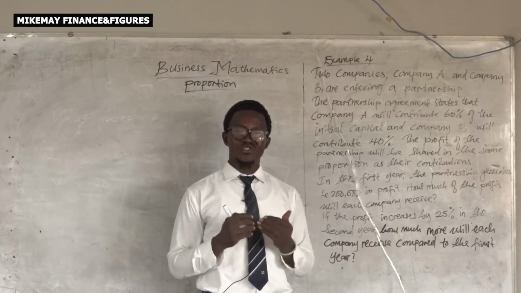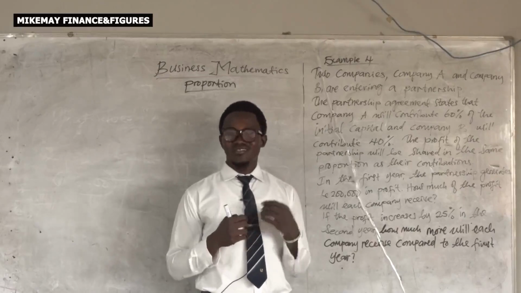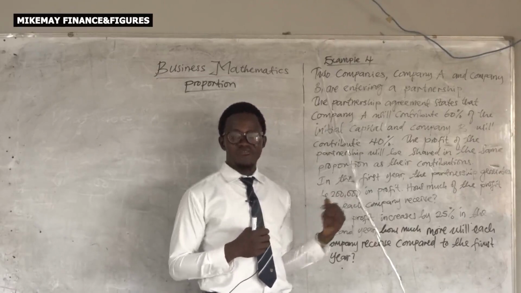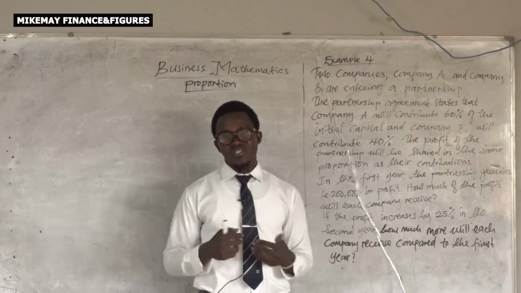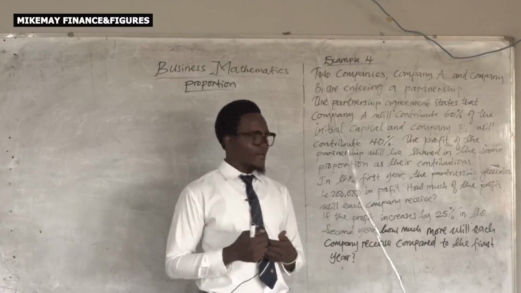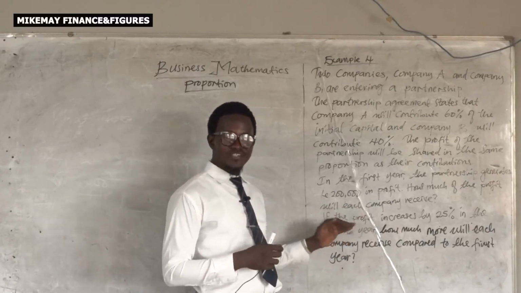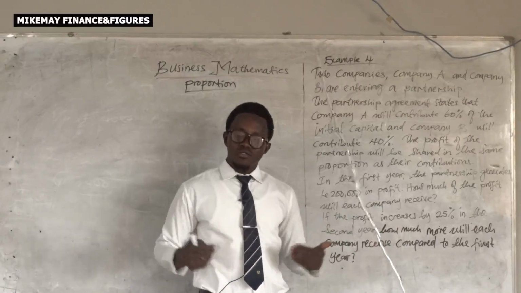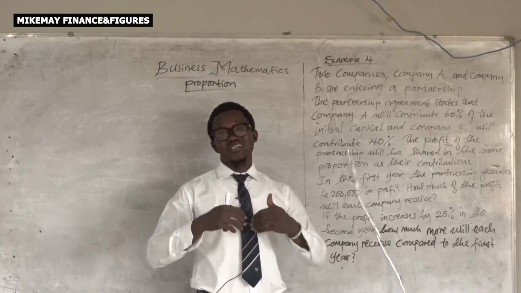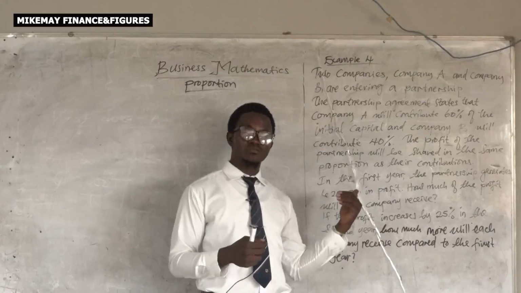So now, how much is each going to receive, considering the fact that this sum as a profit is to be shared according to what each company contributes as capital? Part A is asking us to calculate how much each company is receiving based on their capital contribution.